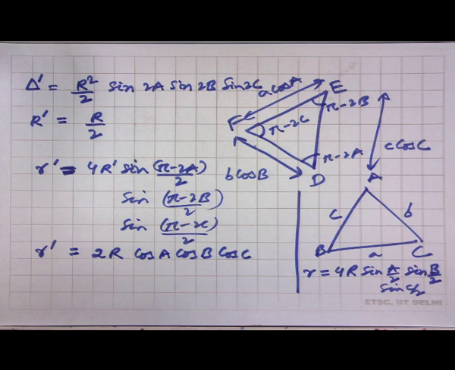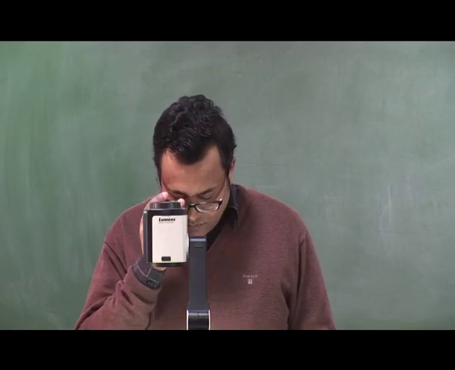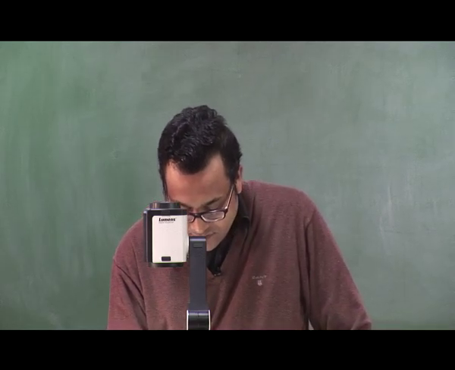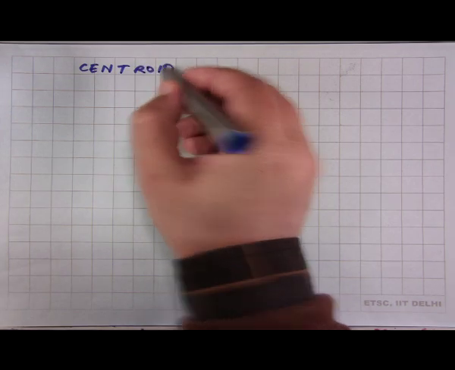So, that finishes the recap on the discussion on the orthocenter of a triangle ABC. Today we are going to discuss something that is known as the centroid of a triangle.